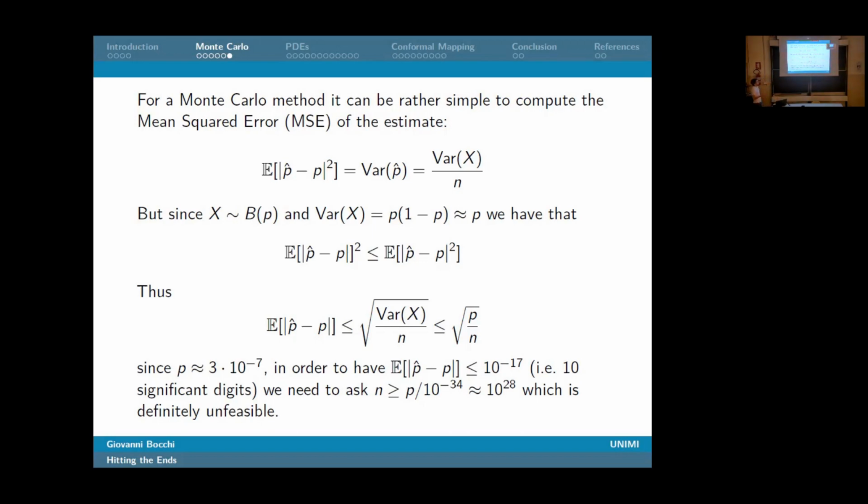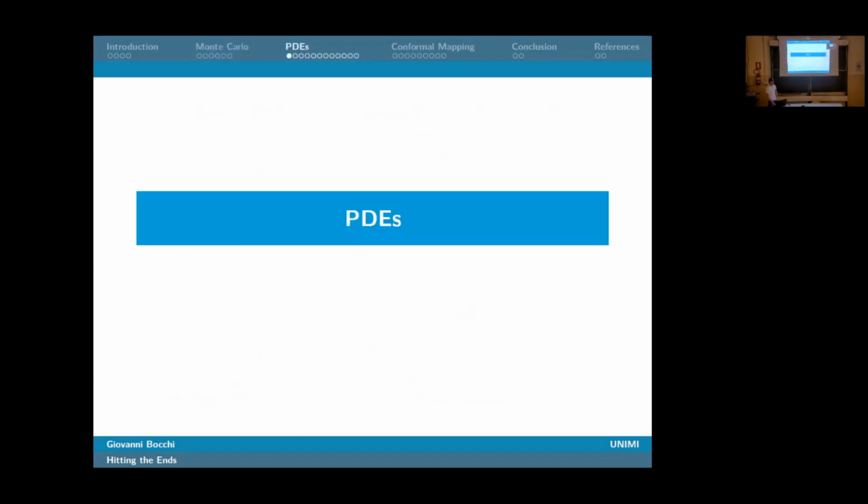So, Monte Carlo approach: quite simple, very easy also to code, fast, but not very accurate. We can't even get 3 significant digits. So there is no hope that we will compute p to 10 significant digits.